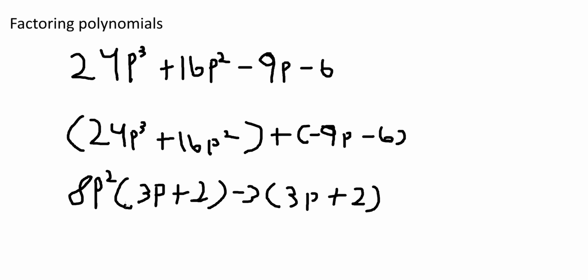Boom, boom. So the final way that we would write this is parentheses 8p squared minus 3, times parentheses 3p plus 2.